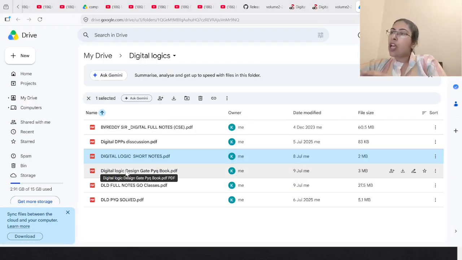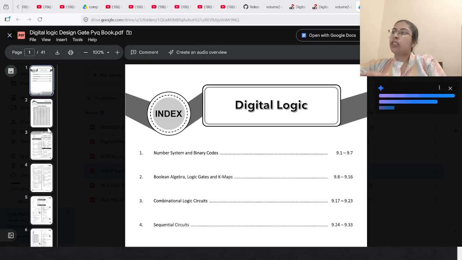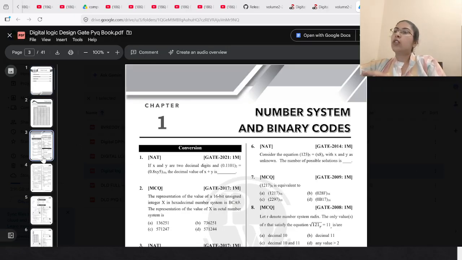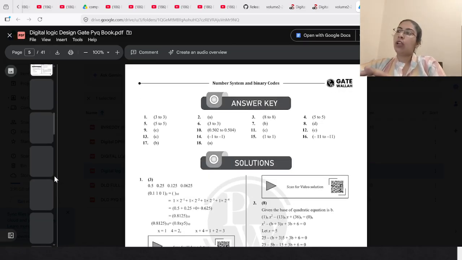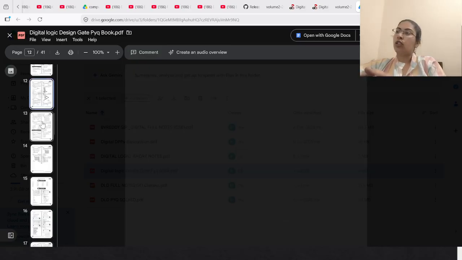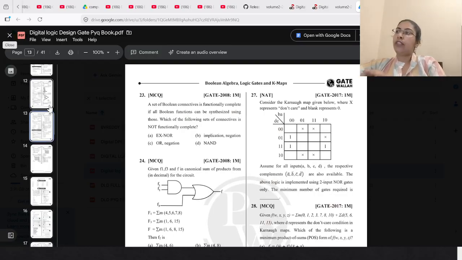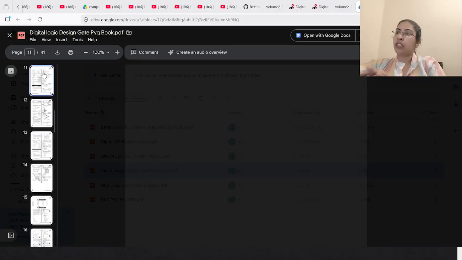Next is the digital logic design GATE PYQ book. You can practice the GATE PYQs of digital logic from this book. All the solutions and video solutions are also given in this book.